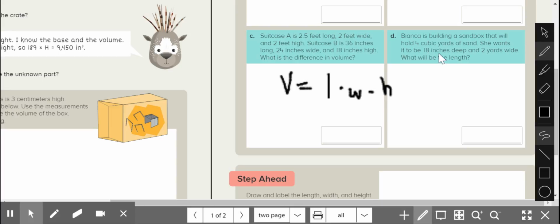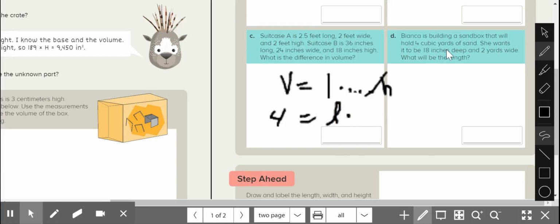We're going to make them all yards. Okay, we're going to take care of that. 4 cubic yards. We'll start here. 4 equals my length. I always hate that. Well, I don't know my length. Okay, so that's the value I don't know. We'll put an L.